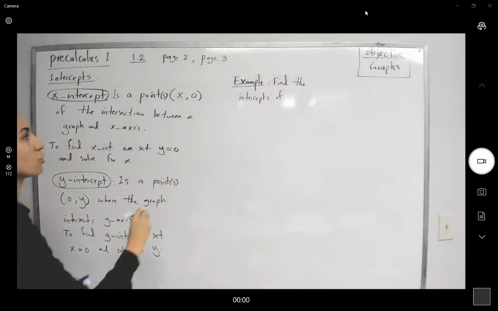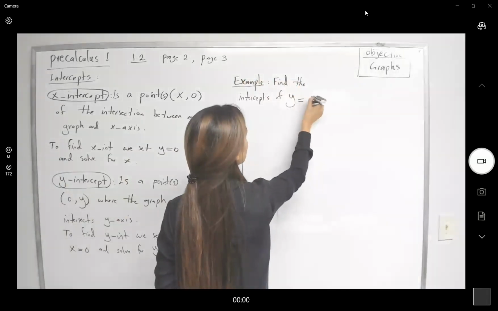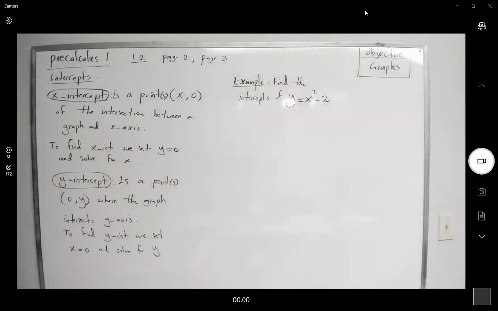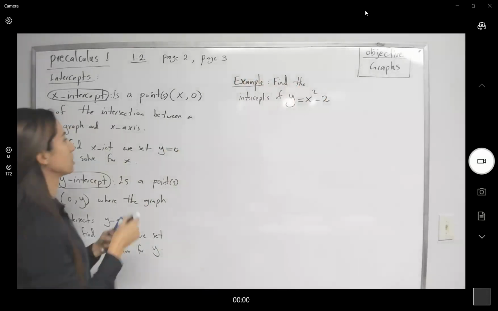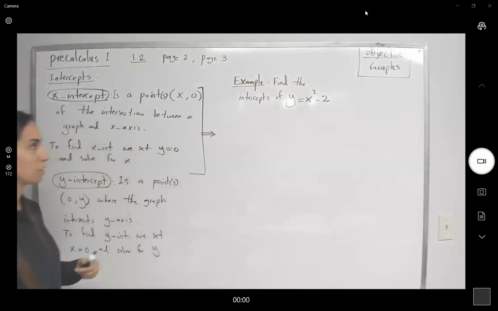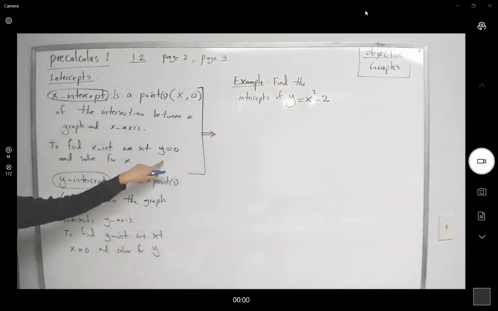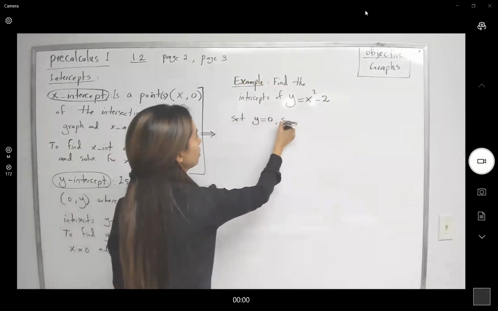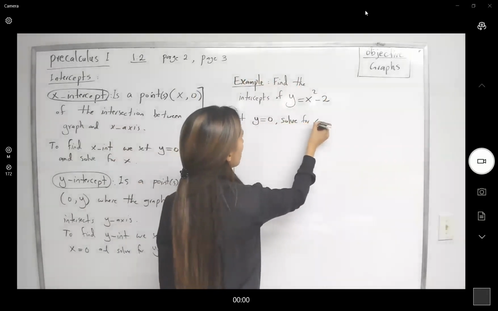Y equals x squared minus 2. So first, I'm going to find the x-intercept. To find the x-intercept, we set y equal to 0. So set y equal to 0, solve for x.